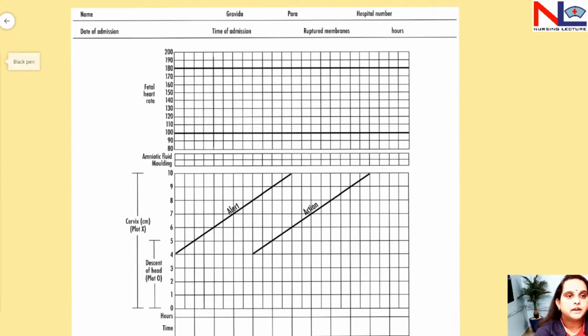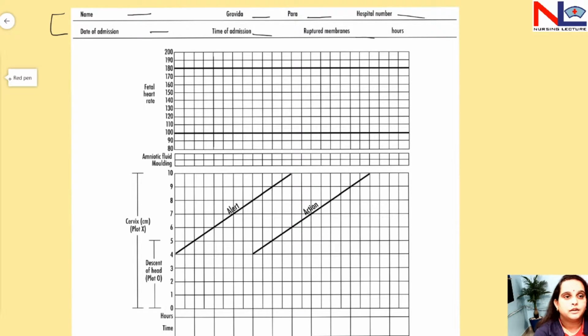In the identification data, we are recording the name of the mother and the gravida state, that is the pregnancy state of the woman, past as well as present, and the para, that is the pregnancy state of a woman which crosses the viability period, as well as the hospital number, then date of admission, time of admission, and when the membrane became ruptured. So, all these come into the identification data.